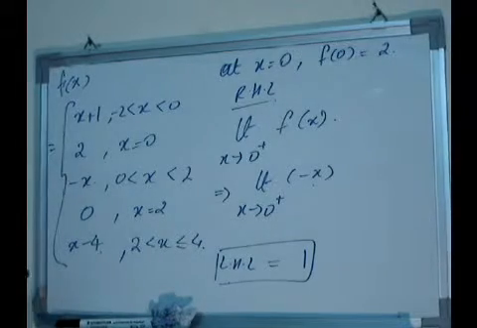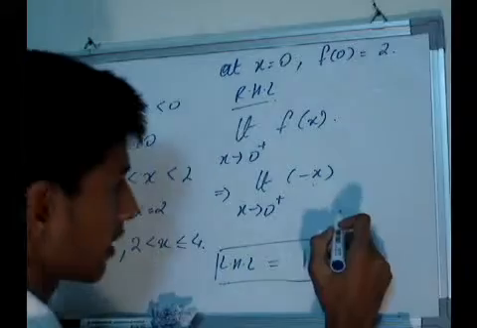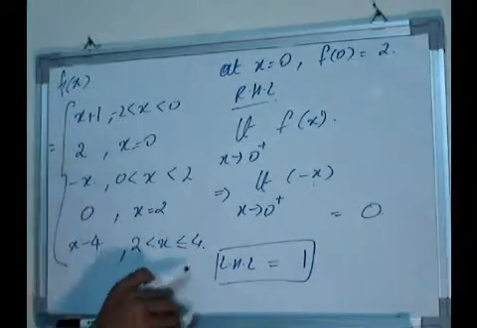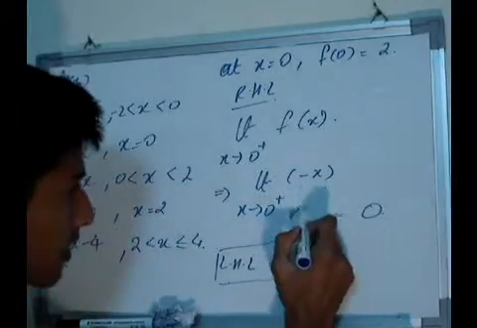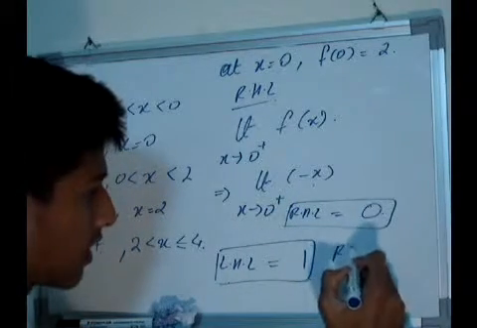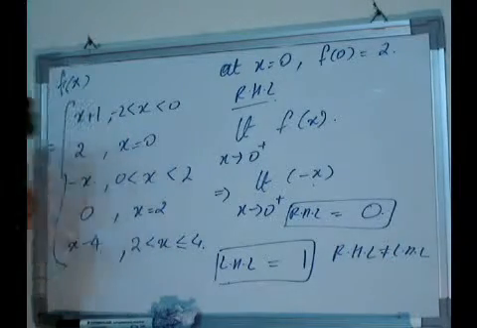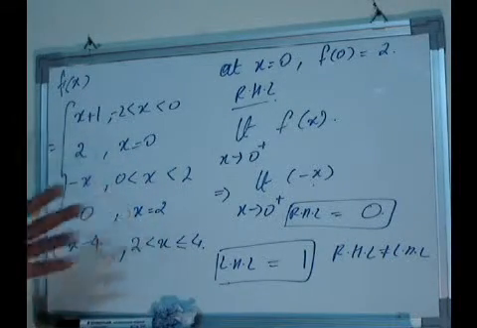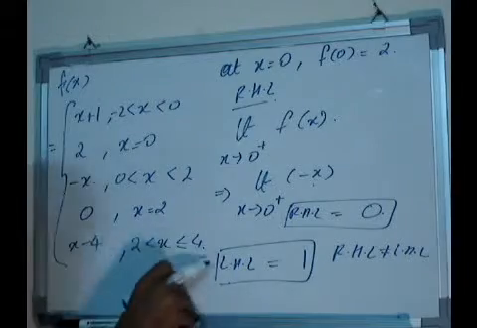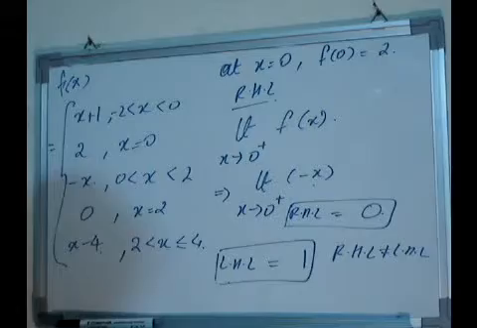And so if I apply the limits, the value I get is 0. Clearly RHL is not equal to LHL. So the question of a continuous function is ruled out, and this type of discontinuity is called a jump discontinuity.